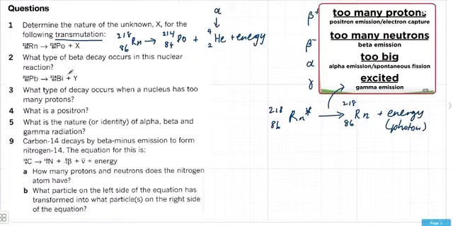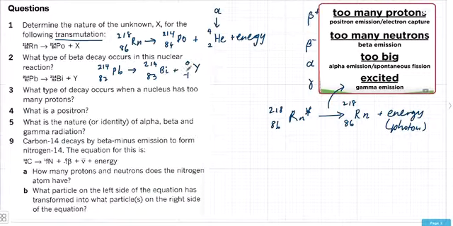This one's asking what type of beta decay occurs in the nuclear reaction. So I do the same thing again: 214, 82 lead goes to 214, 83 bismuth plus something. The top hasn't changed, because we've got 214 and 214, so there's a 0 over here. I've then got 82. Now to get that to 83, I must have a negative 1, because 83 take away 1 gives 82.